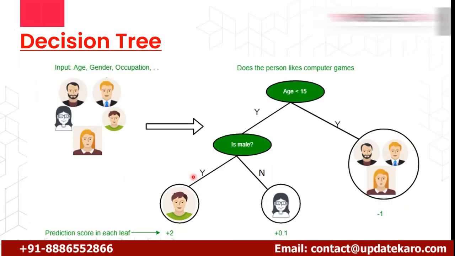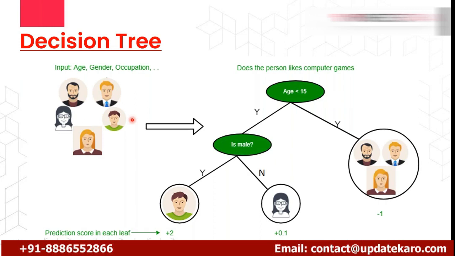The decision tree is yet another classification algorithm. We can use the decision tree for classification as well as for regression. This is somewhat similar, but the approach is different.